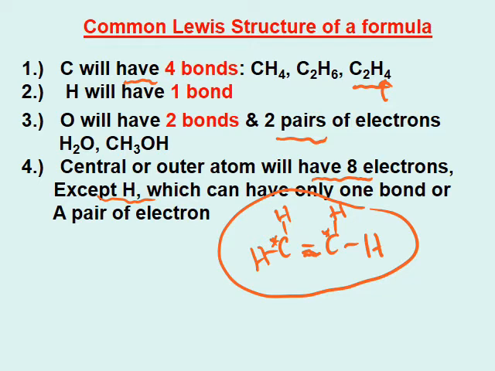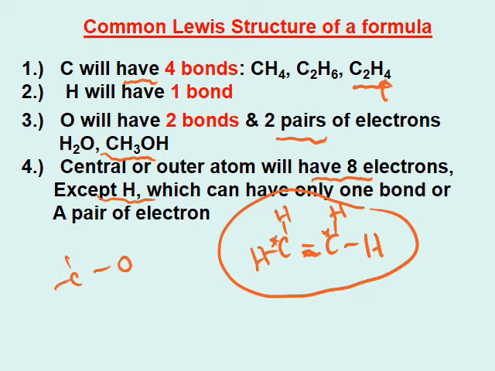Now let's draw another Lewis structure in the same manner, CH3OH. Again, I'm going to write down first carbon and oxygen. Always I write down the atoms other than hydrogen first. So you have carbon and oxygen, and I just wrote down 1 bond, and then remember carbon must have 4 bonds, and we have 3 hydrogens to give 4 bonds.